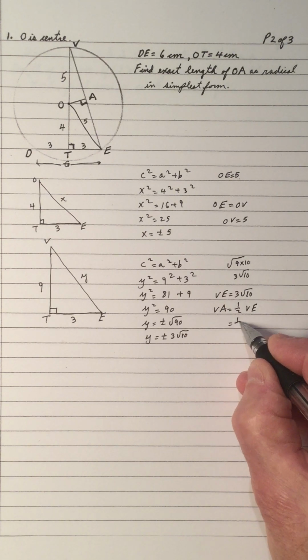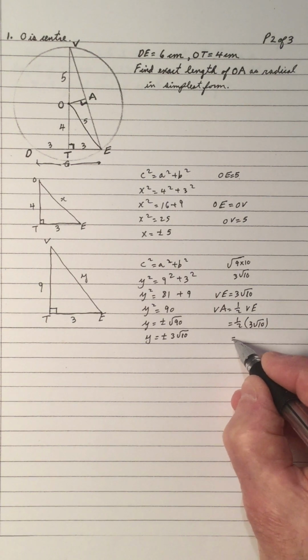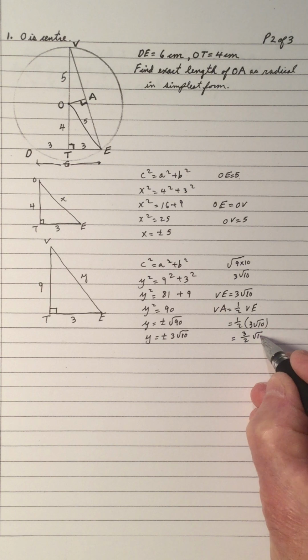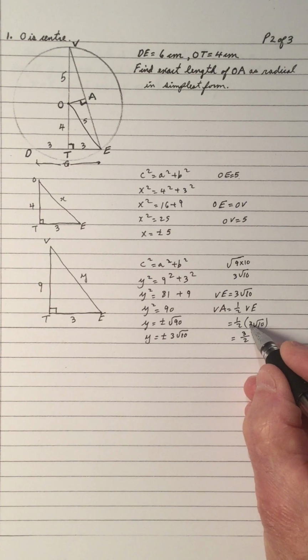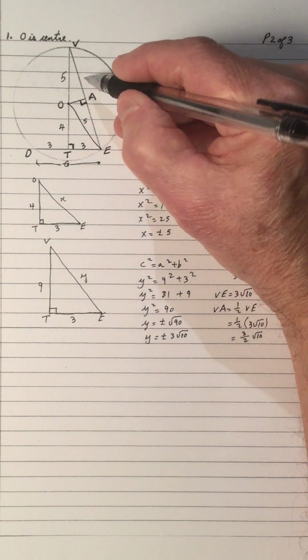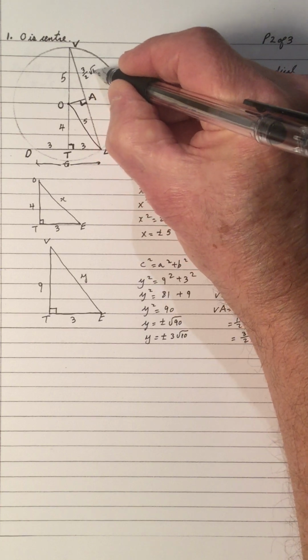So that means that it's a half of 3 root 10. And a half of 3 root 10 is 3 over 2 root 10. So a half of 3 is 3 over 2, and we have a root 10. So now this side is 3 over 2 root 10.